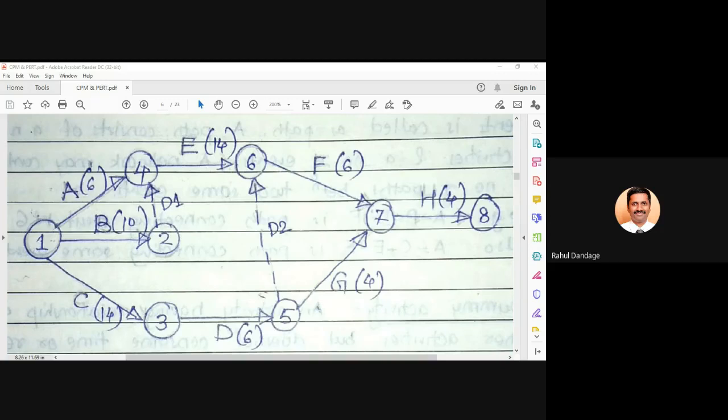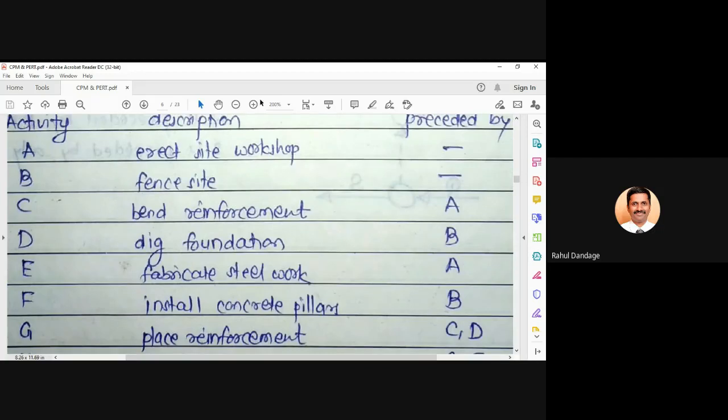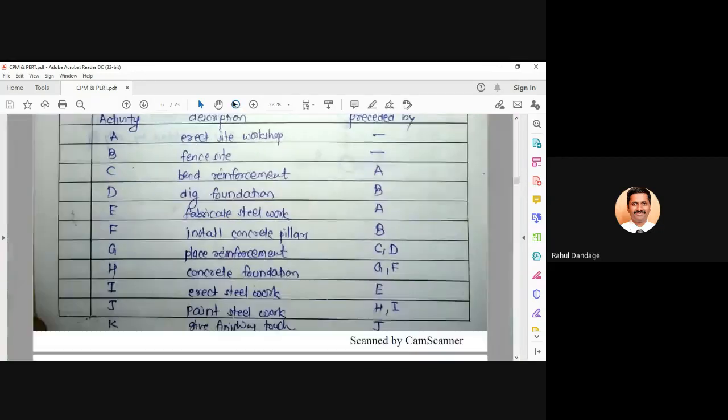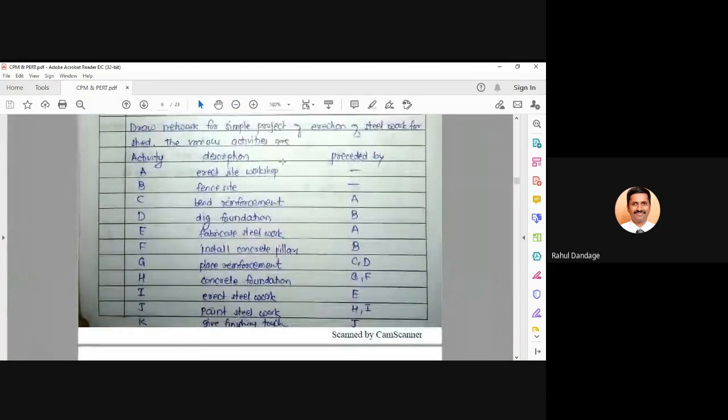So that is a general thumb rule which is called Fulkerson's rule for numbering of the events. Now, more important from our point of view is this particular problem. I hope you have written this statement. I have put this image on our WhatsApp group.